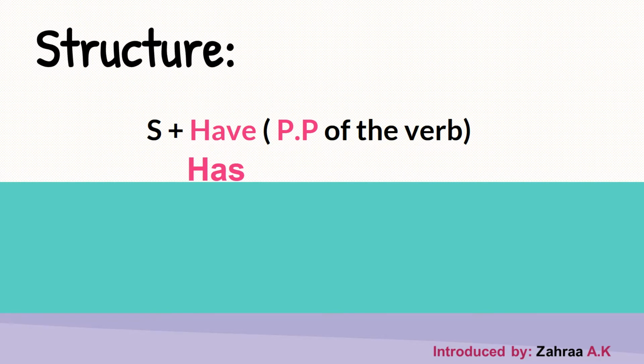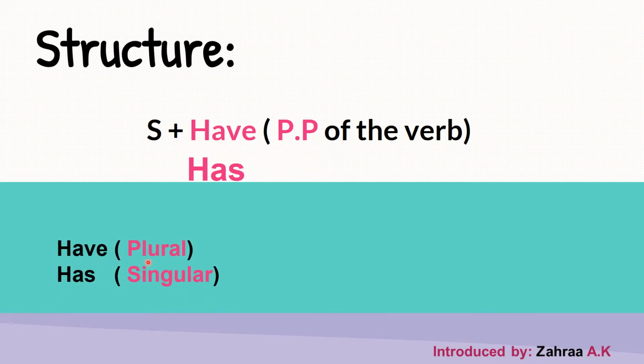So the structure, or the form, the base of present perfect simple: إذن قاعدة ال present perfect simple is subject plus have or has with the past participle of the verb، مع التصريف الثالث للفعل. إذا بعد ال have وال has دائما past participle.